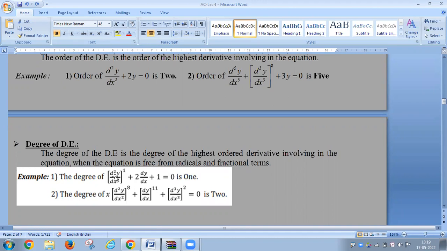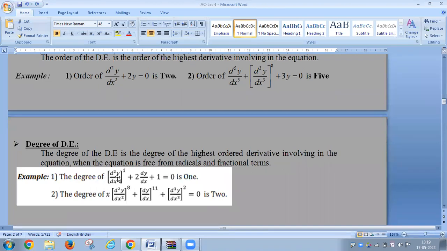For example, let us consider this example: d square y by dx square plus 2 into dy by dx plus 1 equal to 0. If you observe, the highest derivative is the second order derivative, so the order of this differential equation is 2 only. The order is 2 and its power is 1.